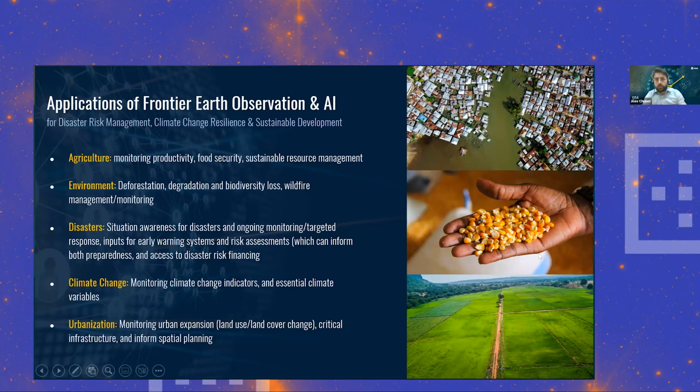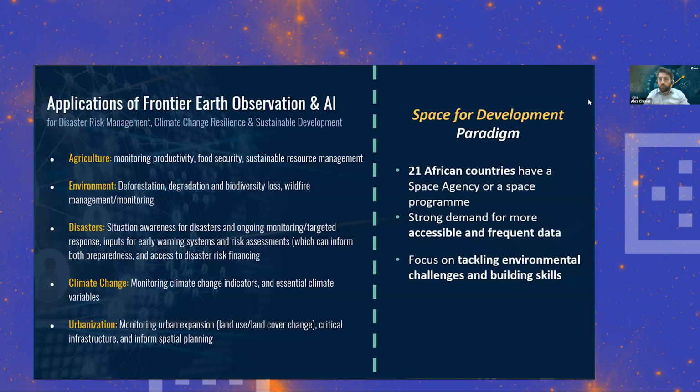And also, there is a new kind of paradigm, which is the space for development paradigm, in the sense that there is an increasing overlap between those capabilities and, let's say, our strategy and our priorities in terms of sustainable development in international development. And this reflects also in developing countries through a growing interest and need related to those technologies.